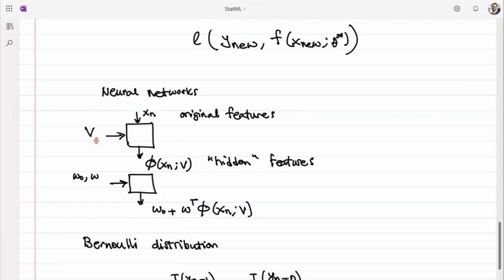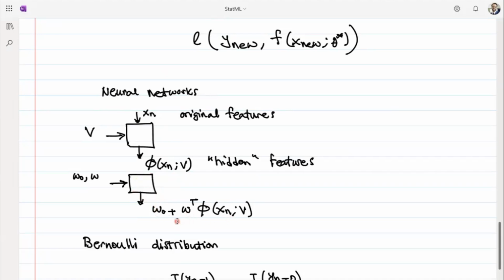We're going to very soon see that this V can actually have millions or billions of parameters in the current state of machine learning and deep learning. And what happens is that this will give you what we call hidden features. So it's a function of xn parameterized by V. And in many of even the most recent models, in the final stage, we are still using linear regression.